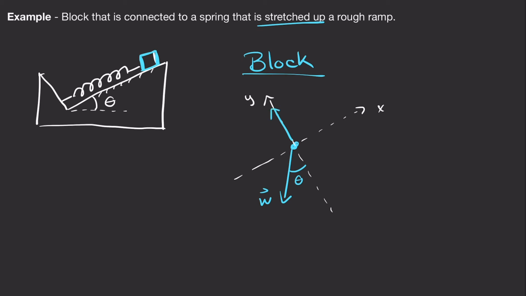The block will have a normal force that is perpendicular to the surface. And then the spring force, since it's being stretched, it's going to try and restore itself to equilibrium or pull the block down. So this is F spring. And since it's going to pull the block down, that means friction is going to fight that motion and act up the ramp.